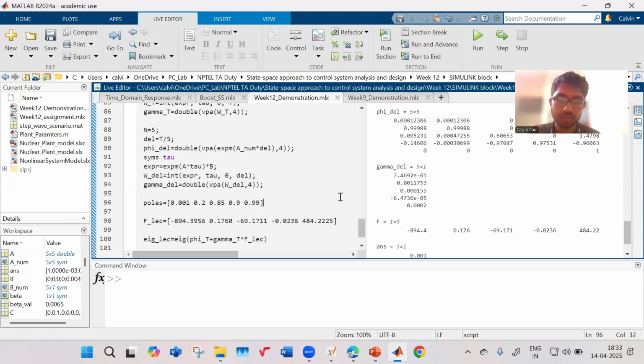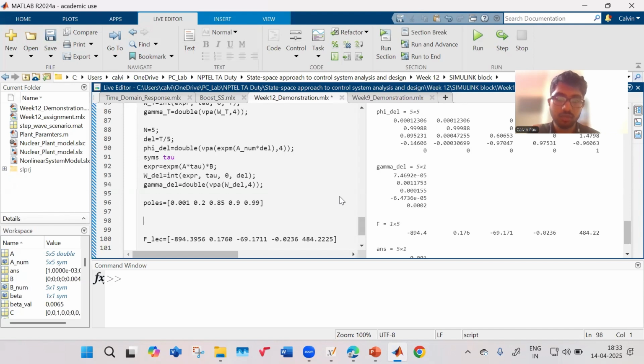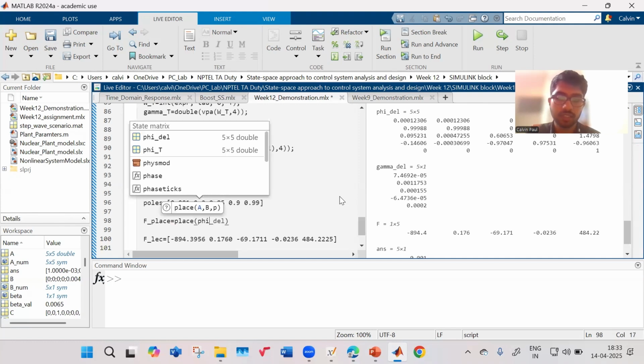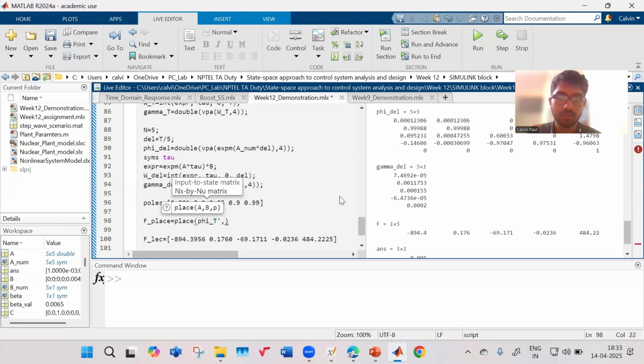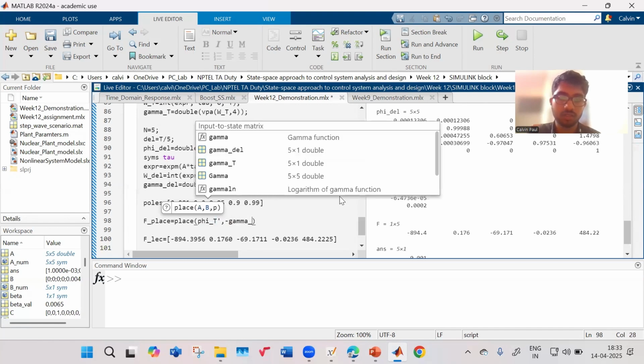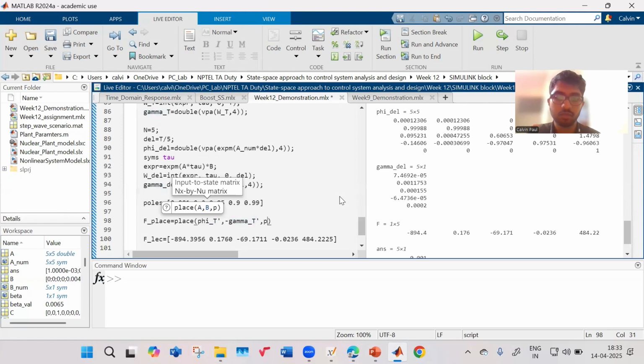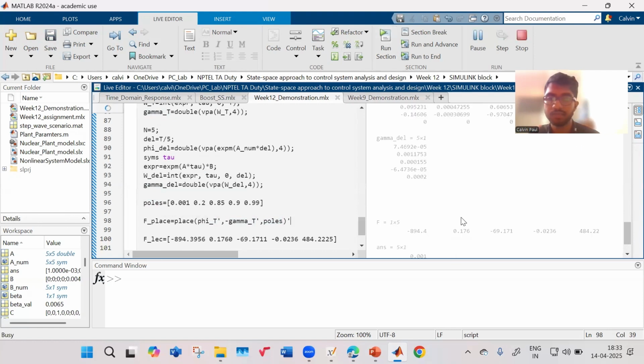This is where we want to place the poles, and we will do f underscore place is equal to place of phi underscore t transpose comma minus gamma underscore t transpose comma poles. So this is our f which we want. F place, let us run it.